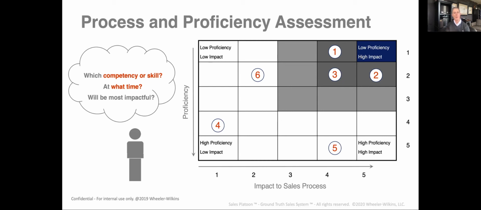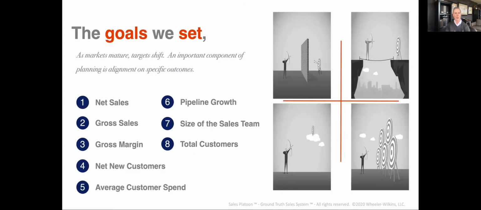But what we really need to be aware of is those things in our makeup and in our assessment and in our organizational alignment that we're not good at, but are going to have a high impact on our team. And as we go into this, these next few slides are going to be critical to pay attention to, because this is really the root of when we're going into our planning from a strategic point of view. The goals that we set are going to be driven by the outcomes that we want to have.